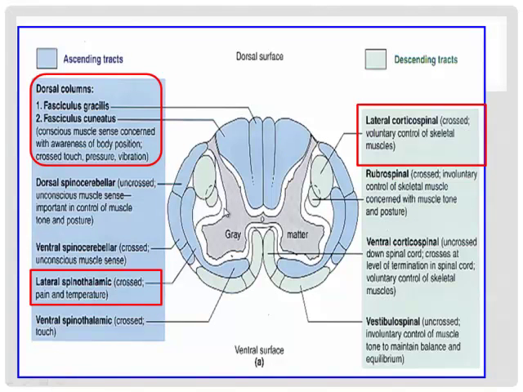The big three that I think are important to keep in mind start with the ascending tracts. This is a cross section of the spinal cord. Here's my gray matter, and this dark blue area is the white matter.